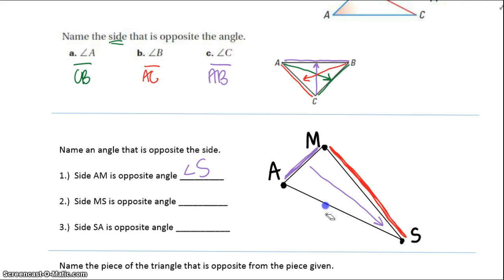So it's really difficult for some students, and I totally understand. But see what we have in red here, the MS? Well, what's not in red? The A. So actually the A is your opposite angle. Okay? And then let's do this last one, SA. So we have SA. What letter is not connected in green here? The M. That's what's opposite. Let's spell Sam. Kind of cool.